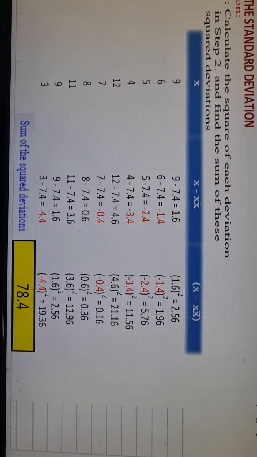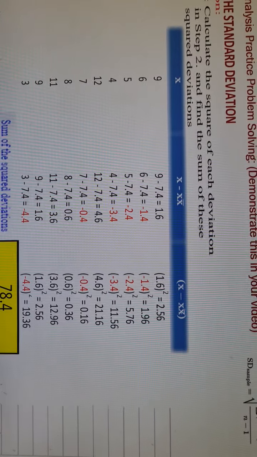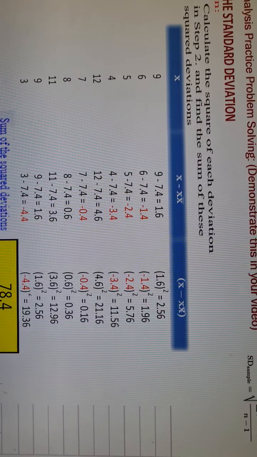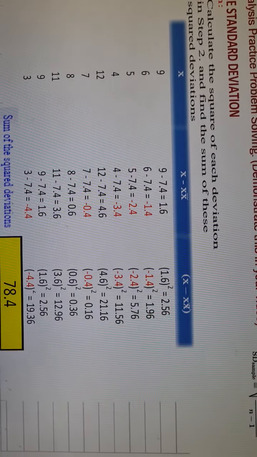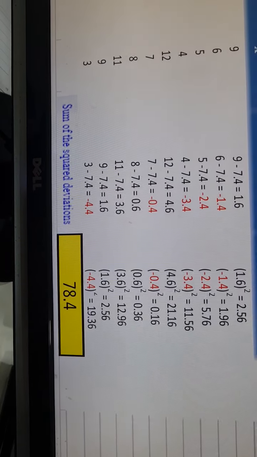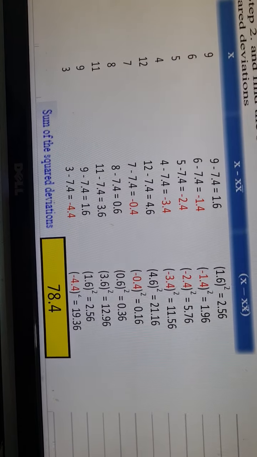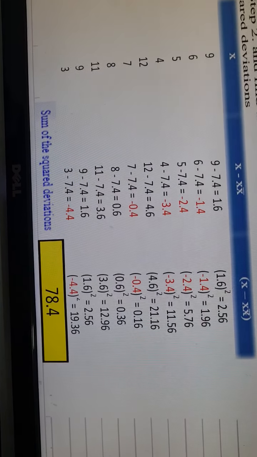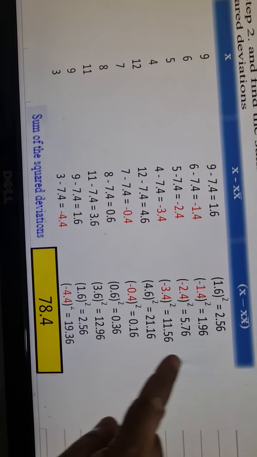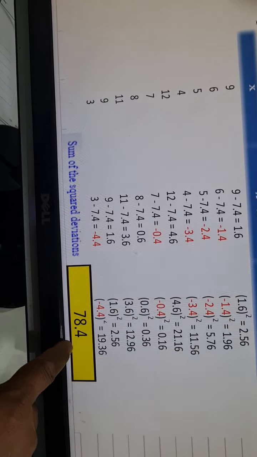Negative 0.4 times negative 0.4 equals 0.16. 0.6 times 0.6 equals 0.36. 3.6 times 3.6 equals 12.96. 1.6 times 1.6 equals 2.56. Negative 4.4 times negative 4.4 equals 19.36. When I add these, it gives me the sum of the squared deviations of 78.4.